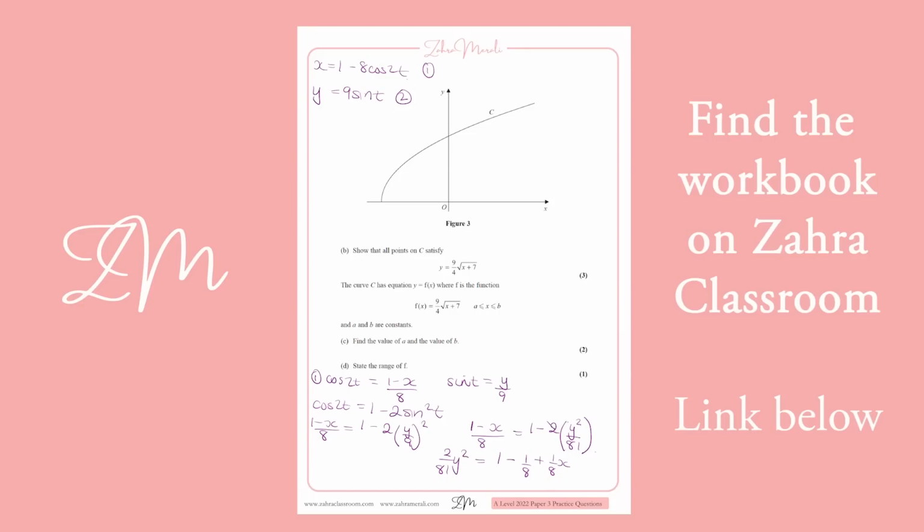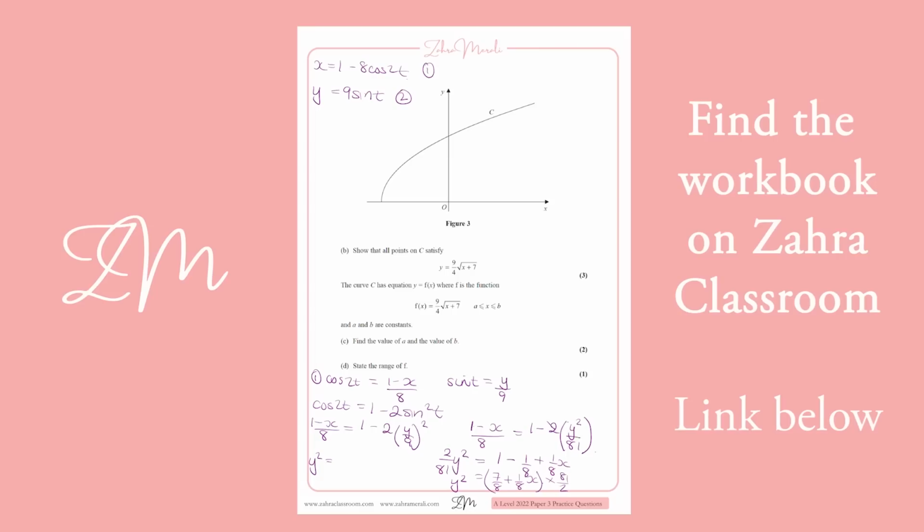Okay, I'm not sure what they've done. So if we do 1 take away 1 over 8, we've got 7 over 8 plus 1 over 8 x, and so y squared will be all of that multiplied by 81 over 2.